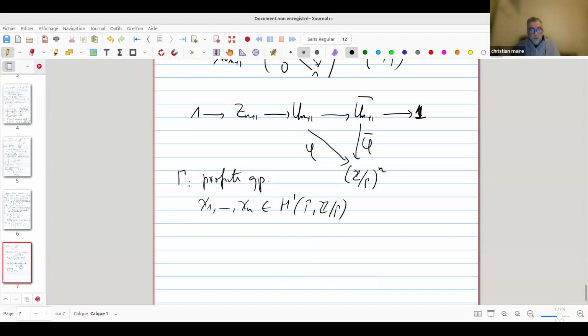And I construct the map theta, which I denote by K1, ..., Kn, from my group gamma to the group of upper triangular matrices. It comes from the map phi bar. So it's a group homomorphism.